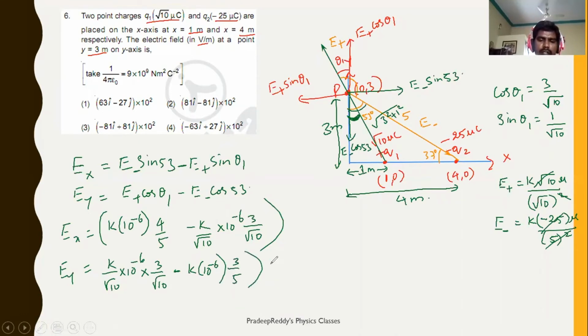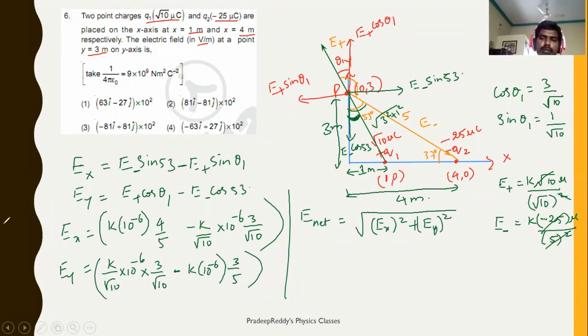This total is in y-axis. So you can now evaluate Ex and Ey, and finally you can find E net is equal to under root Ex whole square plus Ey whole square. Substituting that Ex and Ey in the net formula, you will finally get the electric field at that particular point.